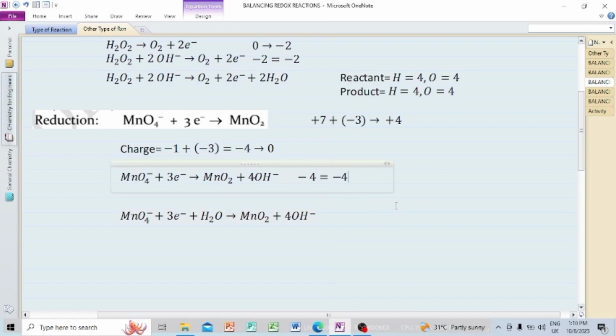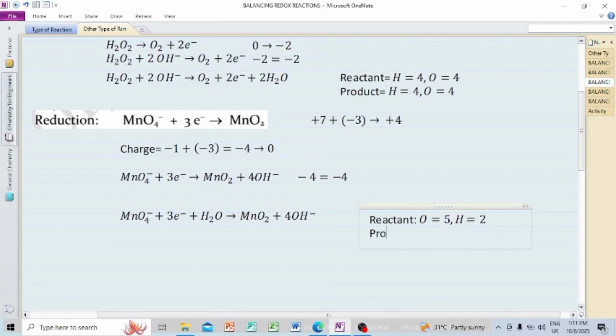So, on the reactant, for oxygen, we have 5. We have 5 oxygen atom, and for our hydrogen, we have 2.